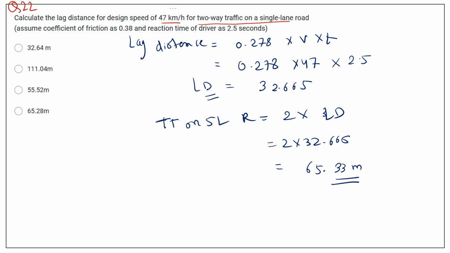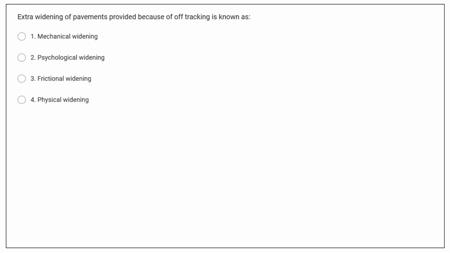So this is the answer for lag distance, and the answer is in option D, which is 65.28. The next question is question number 23. Extra widening of pavement provided because of off tracking is known as mechanical widening. So the first option is correct here.